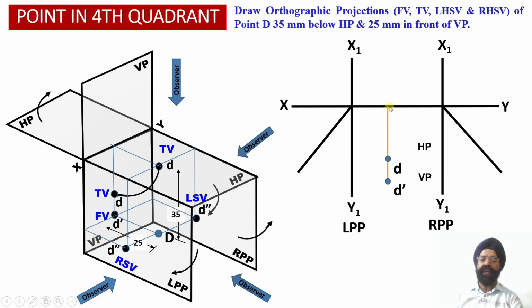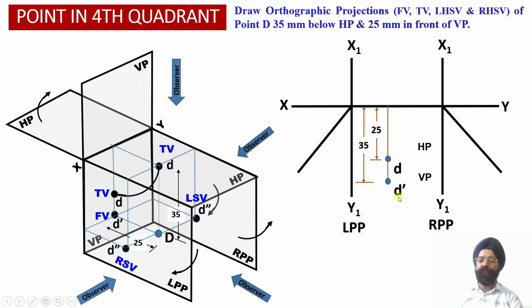Now let us obtain the front view and the top view orthographic projections of this point D. We have already evaluated that point D dash will be available onto the vertical plane at a distance of 35 millimeter below the XY reference line. So this is represented as point D dash, obtained 35 millimeter below the XY reference line onto the vertical plane.